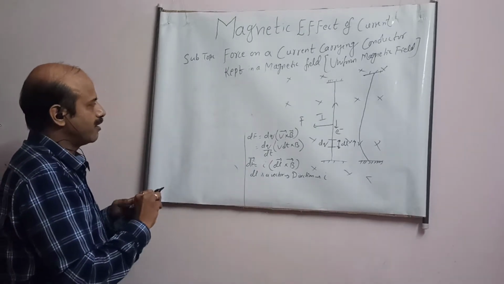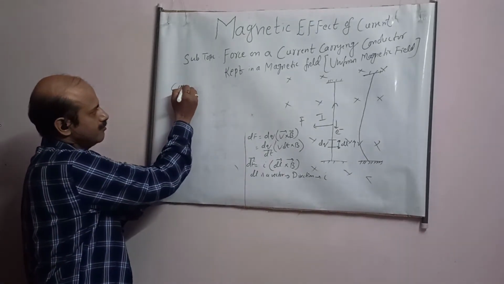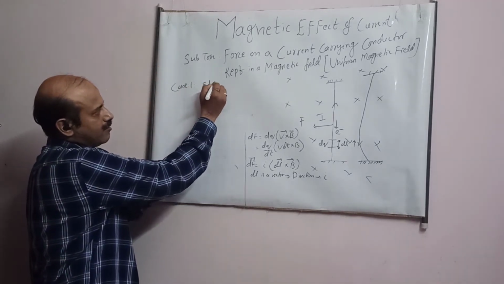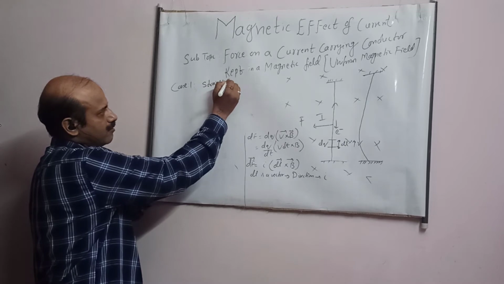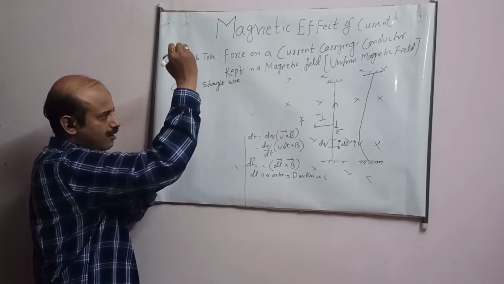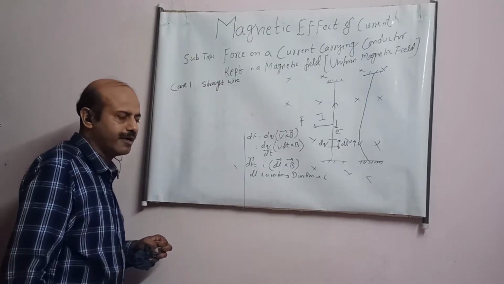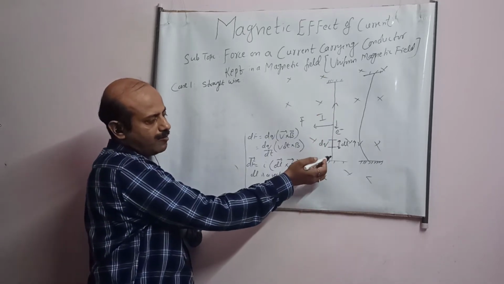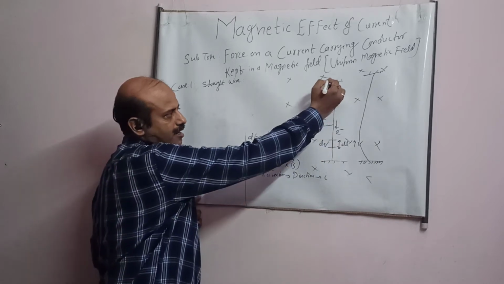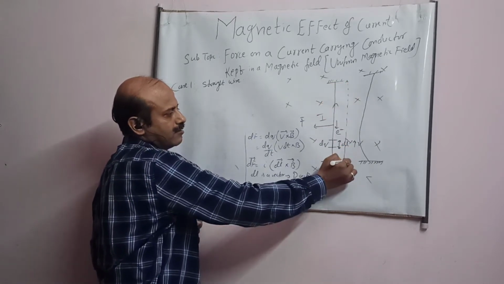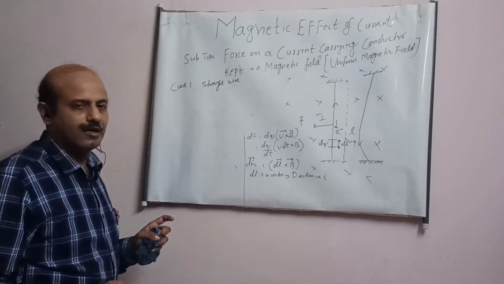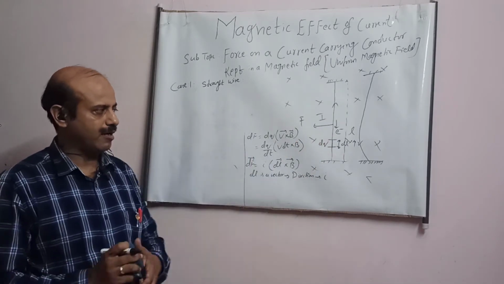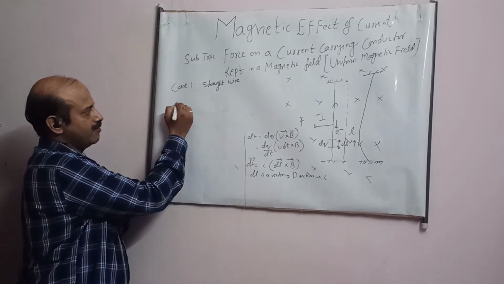Now, student, case 1: straight wire. A straight wire is kept in a magnetic field, the same example. Now I have to find out the force on the whole wire, and this length is L. I will start with this basic formula. First I will calculate the force on this small elementary part given by this formula.